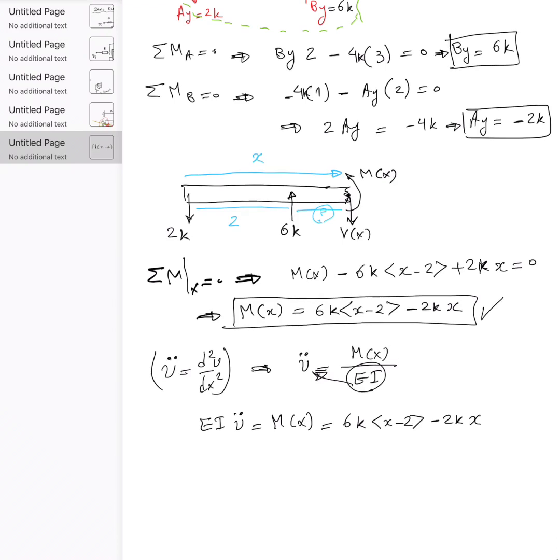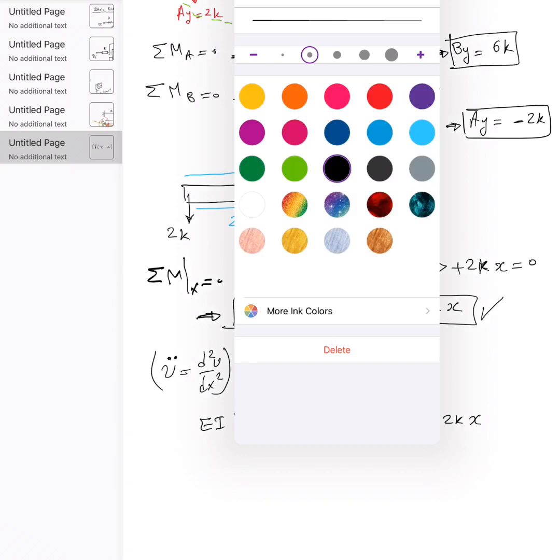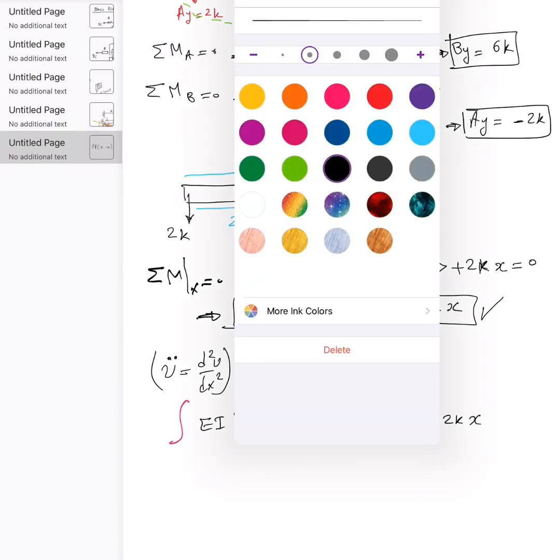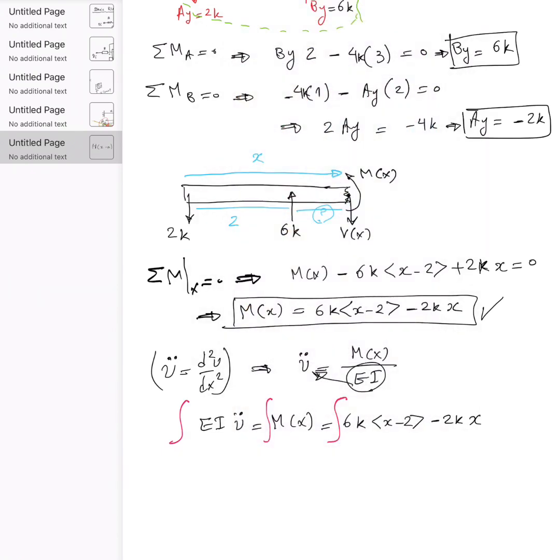So let's go ahead and take the first integral. I want to show it with a different color. Let's take the integral of both sides, and then I will get one constant of integration. So if I do that, I get EI times V dot from the left is equal to 6K Heaviside X minus 2 to the second power divided by 2, minus 2K times X squared over 2 plus C1.